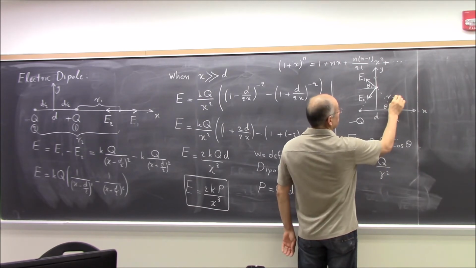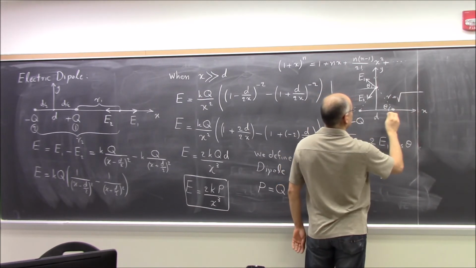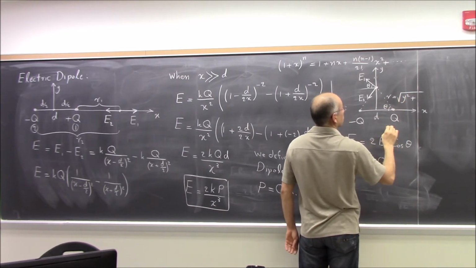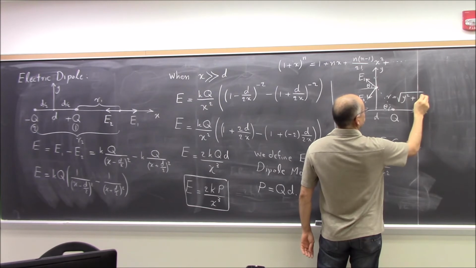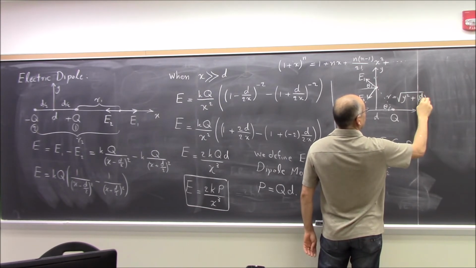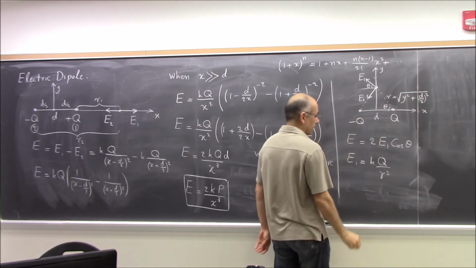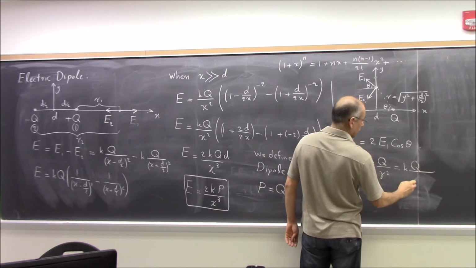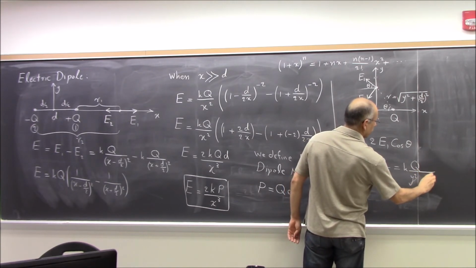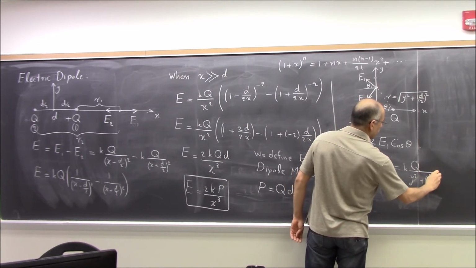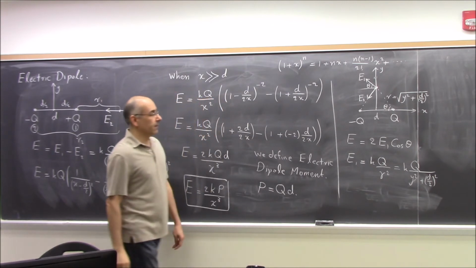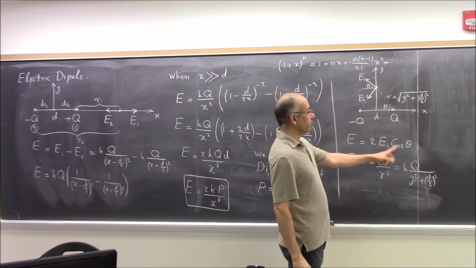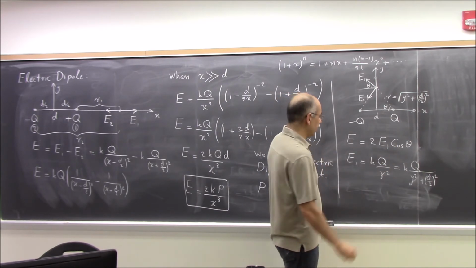And R squared is y squared plus d over 2 squared. Right? That would be KQ over y squared plus d over 2 squared. That's the magnitude E1, and then you want to multiply it by 2 by cosine theta. What is cosine theta?